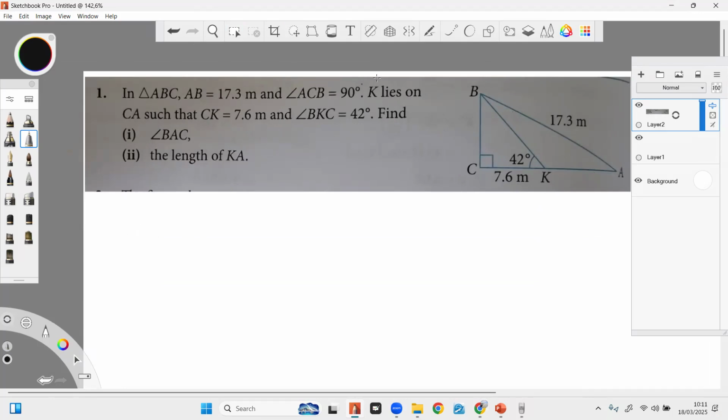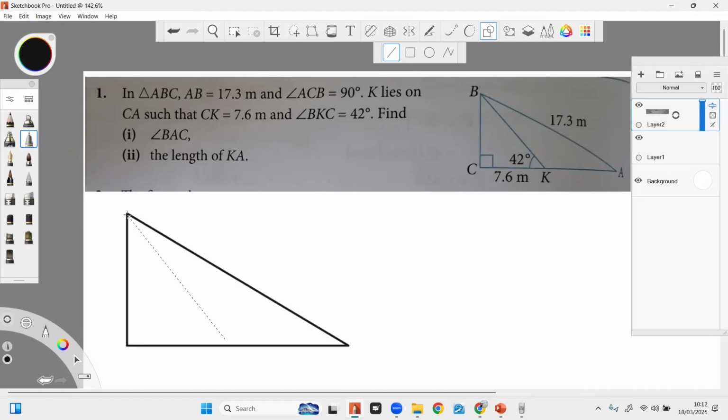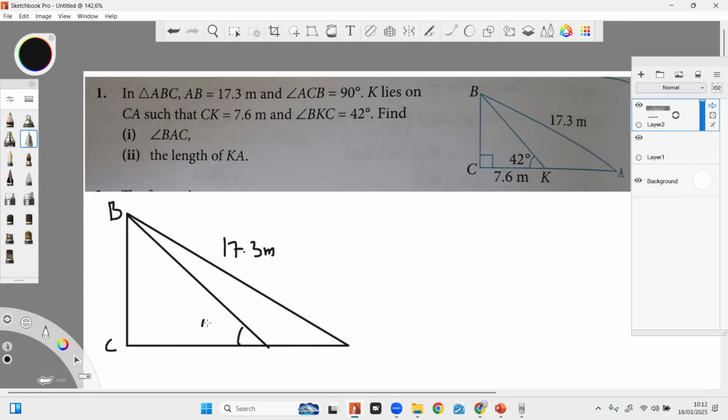So I redraw and make it bigger to enable you to write many things here.